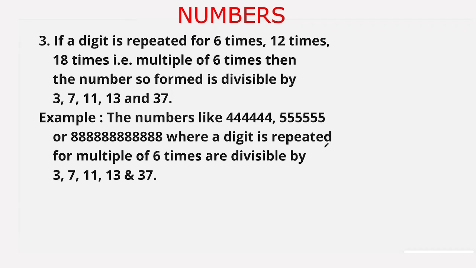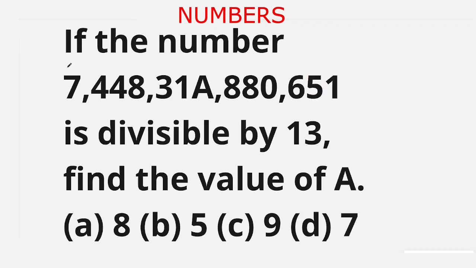If a digit is repeated 18 times or 24 times, then these are divisible by 3, 7, 11, 13 and 37. Now we go to the questions based on these concepts.